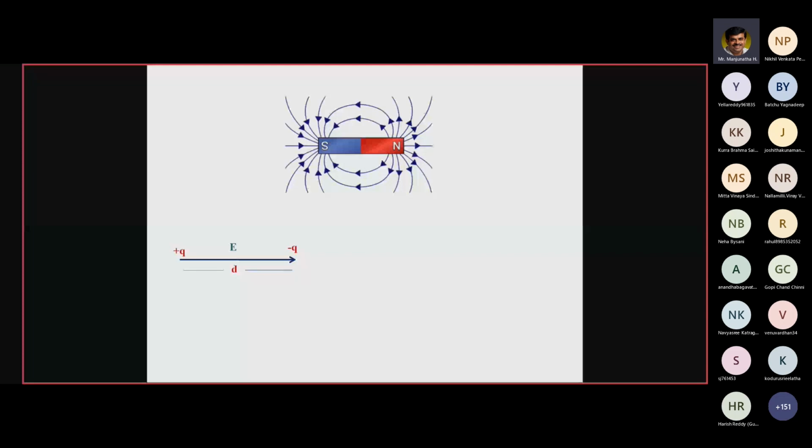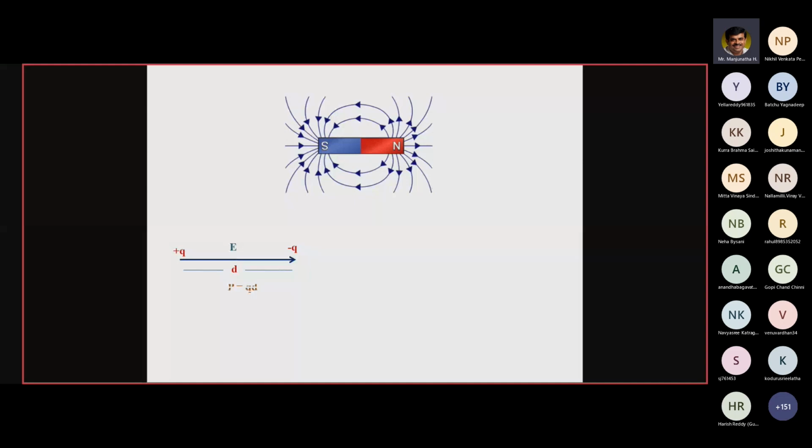That means if there is an electric field, there is an electric dipole, and if there is an electric dipole, there should be an electric dipole moment. You know that: p equals q into d, normally studied as q into 2l. Why did I tell this? Because you can go reverse also, students. Actually, in magnetism we are going reverse. What reverse? There is a magnetic dipole moment.